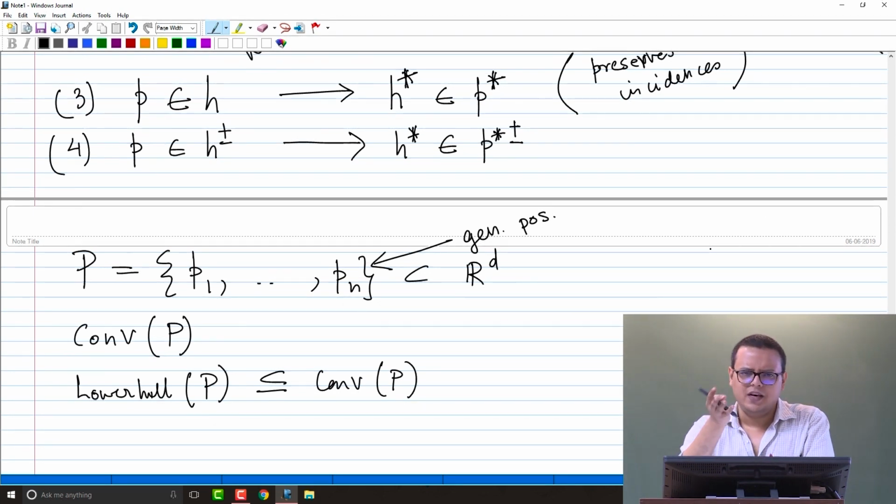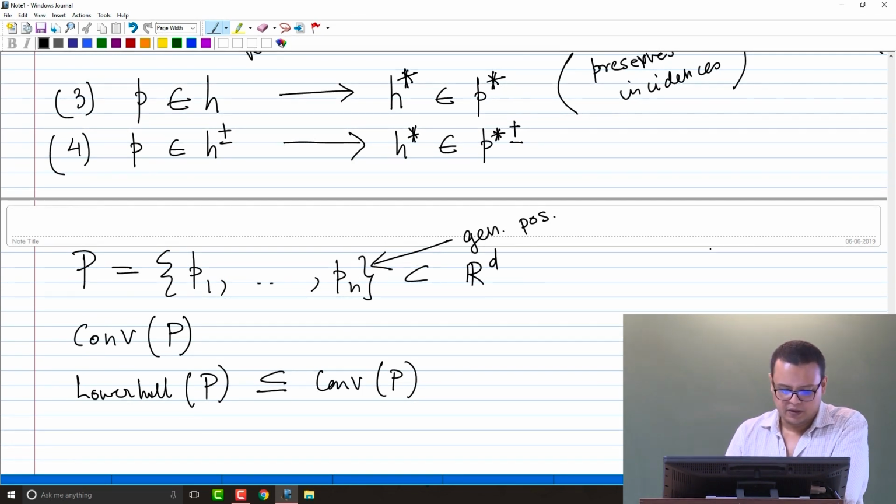If n is larger than d plus 1, you do not have to say any subset of size less than or equal to d plus 1. You say all the d plus 1 are affinely independent, you are done. But verify this. These are very easy to check, but verify. So I want to define what is the lower hull of this convex hull of P. So how do we define it?